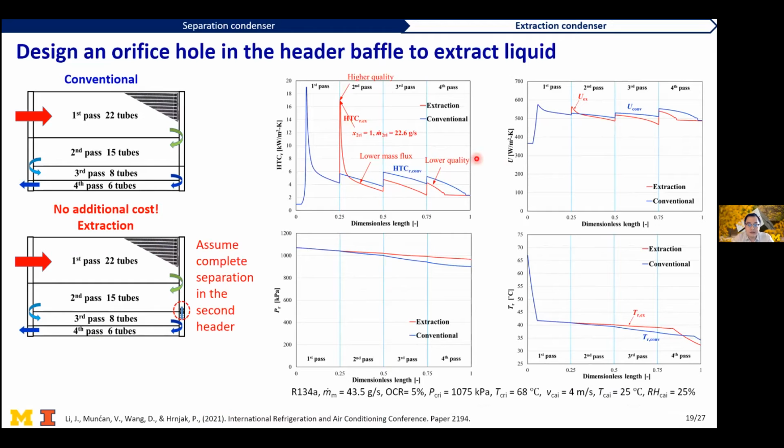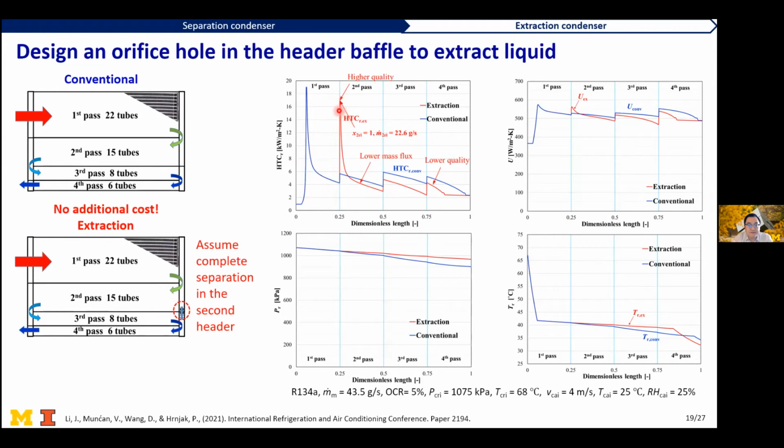And here in this graph, we are seeing the benefit on heat transfer coefficient. We assume a complete separation as a proof of concept, so all liquid is extracted through the orifice hole, and pure vapor again comes into the second pass.